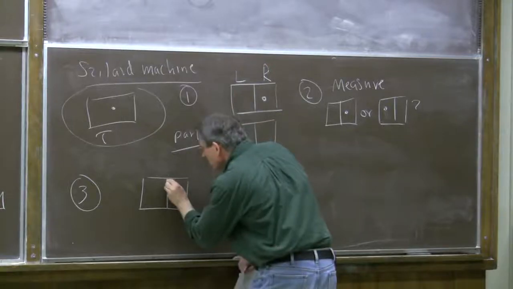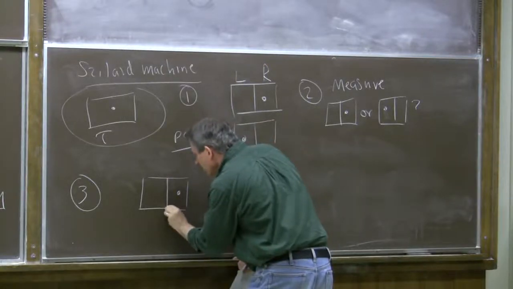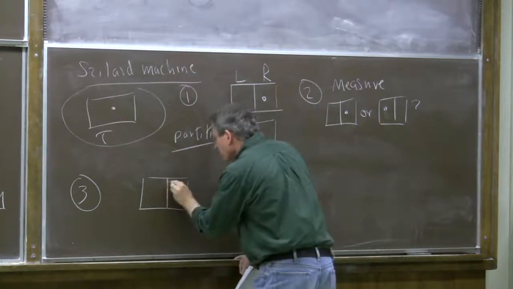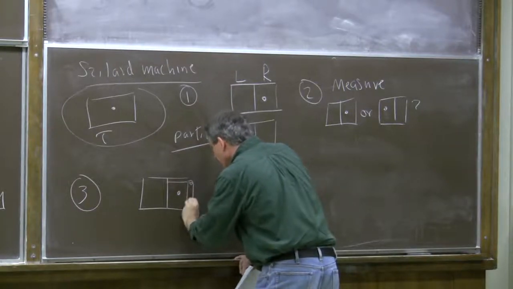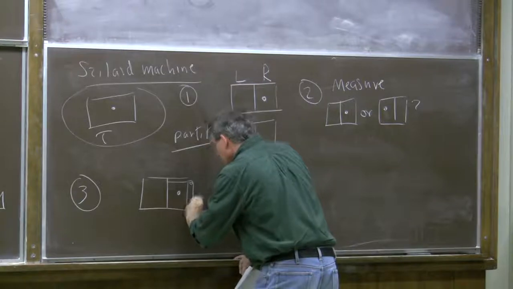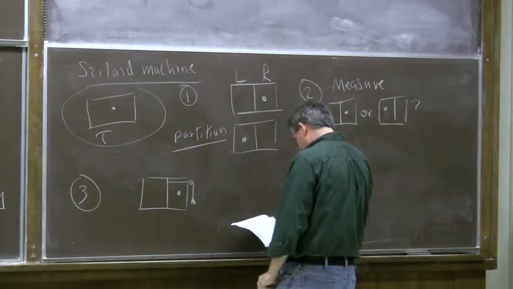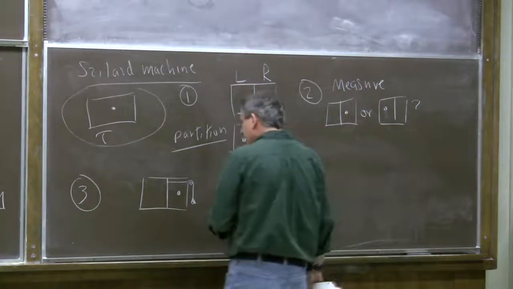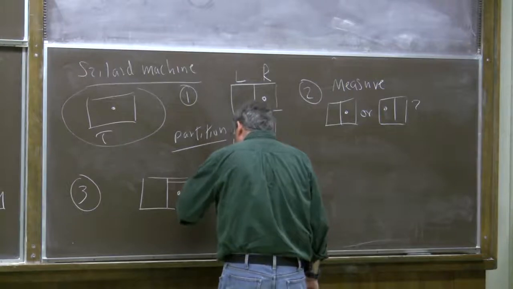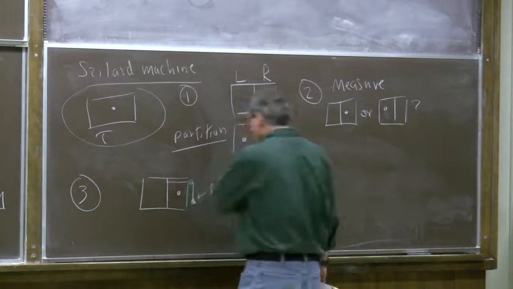And I'll load this now movable partition with the weight. There's a little rope going around the pulley. And the weight. I guess that's right. So I load the thing.